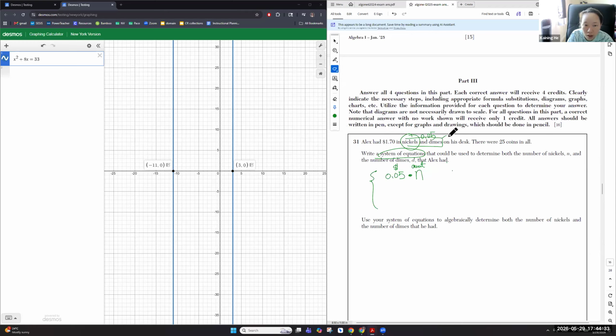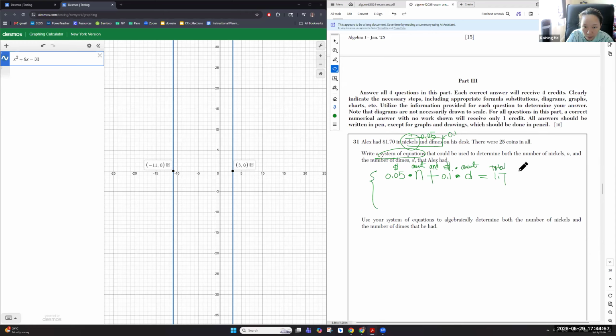All right, and dimes are 0.1. So that's, once again, the worth of the dollar times the amount. They literally just give you the letter d, which stands for the dime. All right, I got the nickels worth and, in English, the dimes worth together, $1.70.